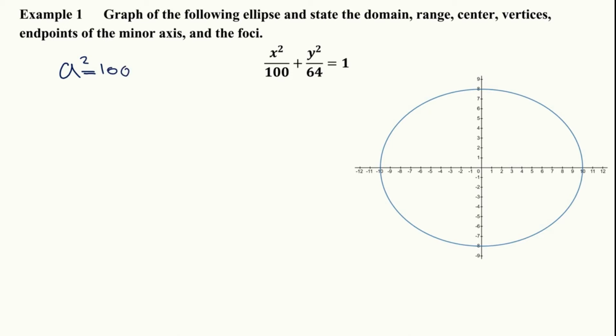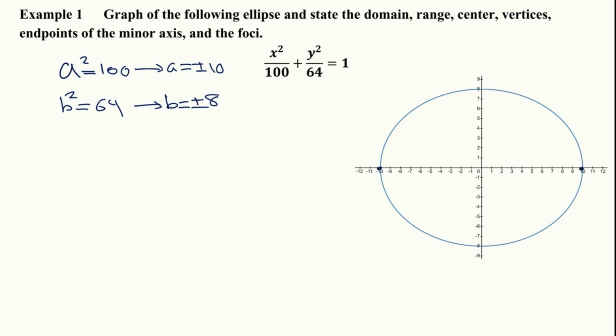We know that b squared is 64. So applying the square root property to both of these equations, we get a equals plus or minus 10, b equals plus or minus 8. So if I were to graph this by hand, I would just put a dot at positive 10 and negative 10.